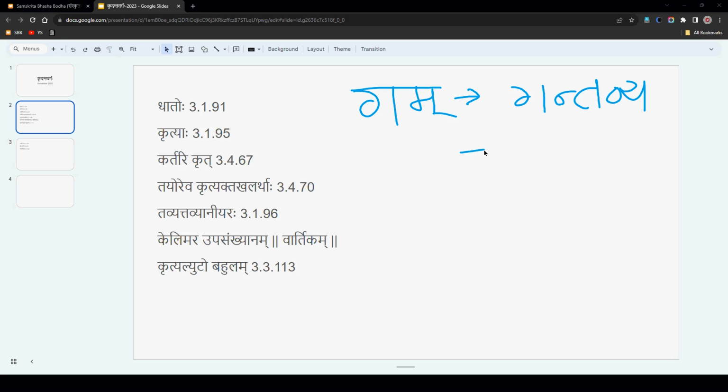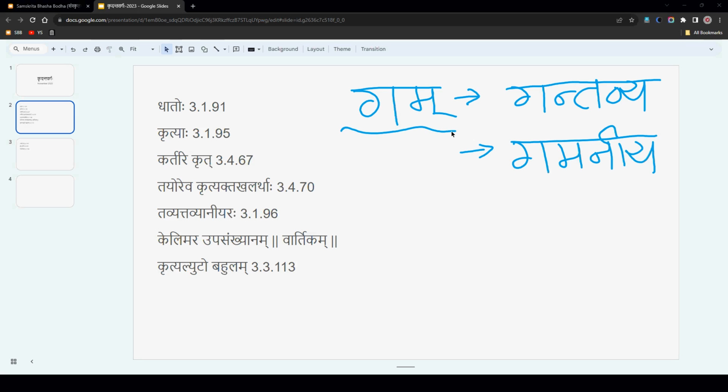And if you add Aneeyar, Gamaniya. So Gantavya, Gamaniya, right? So these are used in what sense now? Is gam a sakarmaka or akarmaka dhatu? Sakarmaka.